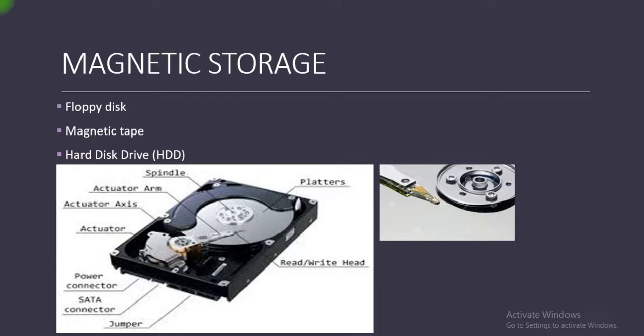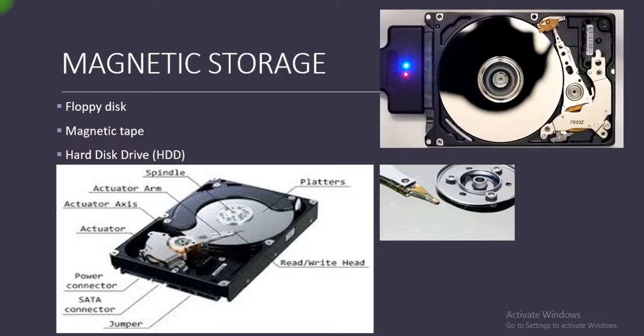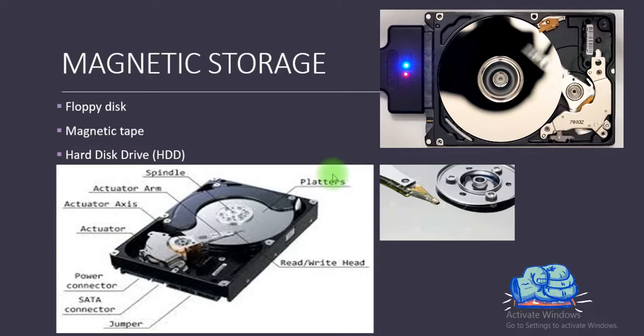The actuator arm has the read and write head, and it is what moves into position as the disk is being written to and read from, for the drive to be able to access the information based on where the information is stored.